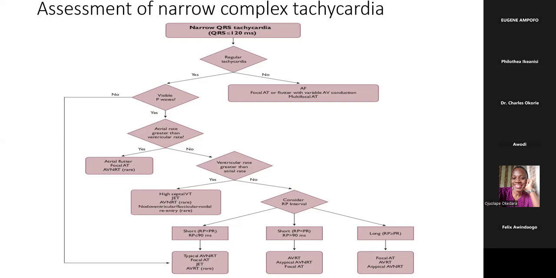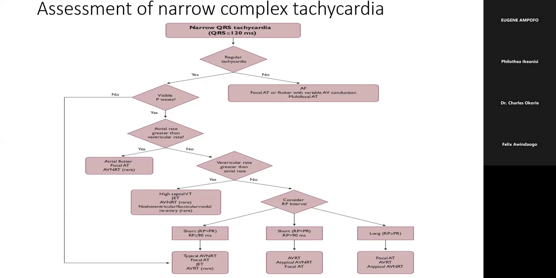Then if we have visible P waves, we'll think of the atrial rate. When we look at the atrial rate, is it greater than the ventricular rate? If it is greater, we are looking at atrial flutter or focal atrial tachycardia. And if the ventricular rate is more than the atrial rate, then that will go to high septal ventricular tachycardia and AVNRT, though these ones are rare.